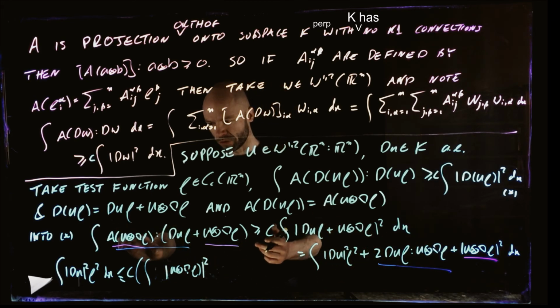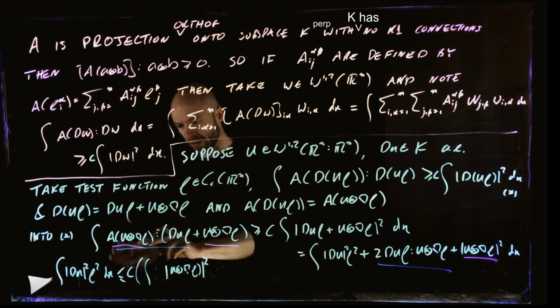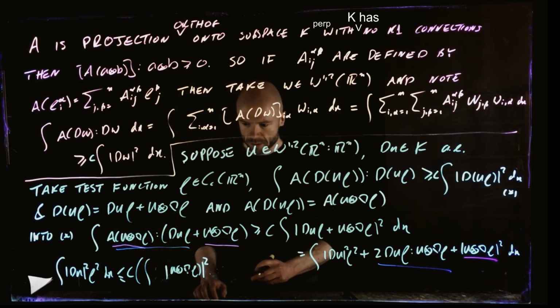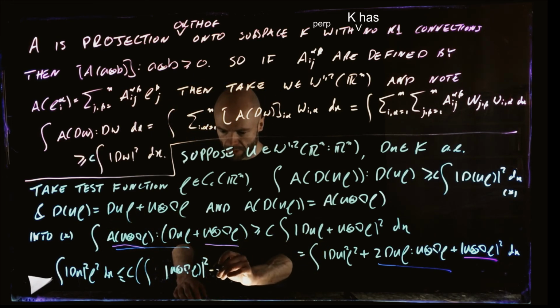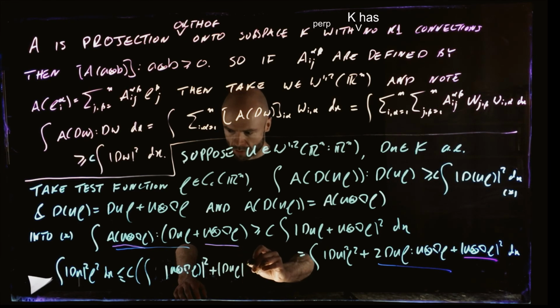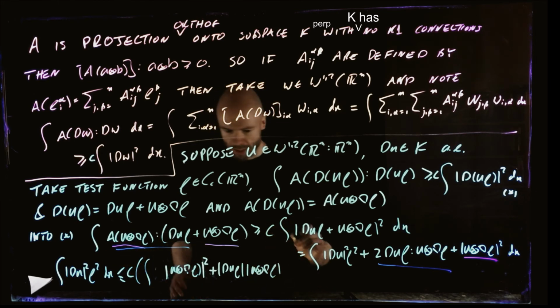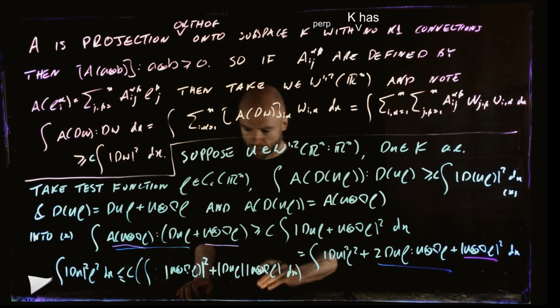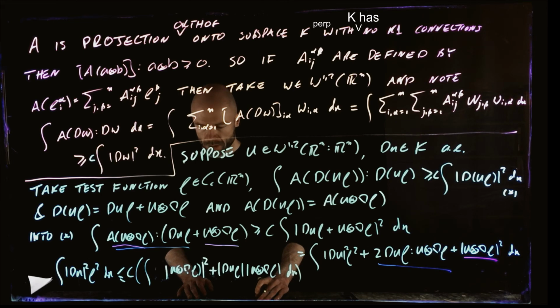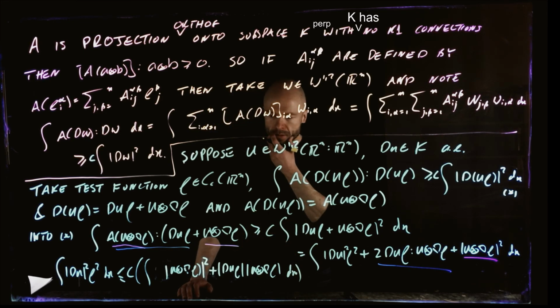Now again, A is a projection, so we can bound the absolute value of this thing just by what's inside it. So that'll ultimately mean that we can have here, and then this thing, like this. And maybe the constant gets doubled, we don't care. Okay. And then you can see how this is going to play out, right?